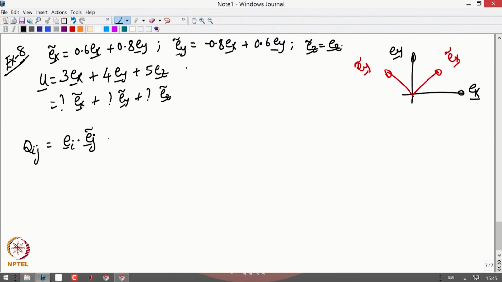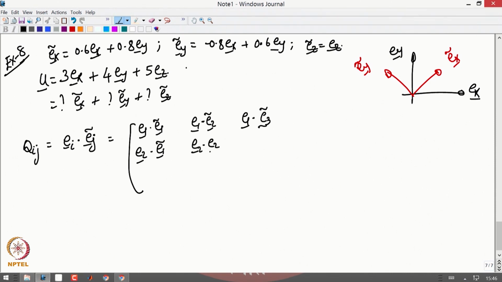Okay. Now, this will be nothing but E 1 dotted with E 1 tilde, E 1 dotted with E 2 tilde, E 1 dotted with E 3 tilde, E 2 dotted with E 1 tilde, E 2 dotted with E 2 tilde, E 2 dotted with E 3 tilde, E 3 dotted with E 1 tilde, E 3 dotted with E 2 tilde, E 3 dotted with E 3 tilde.